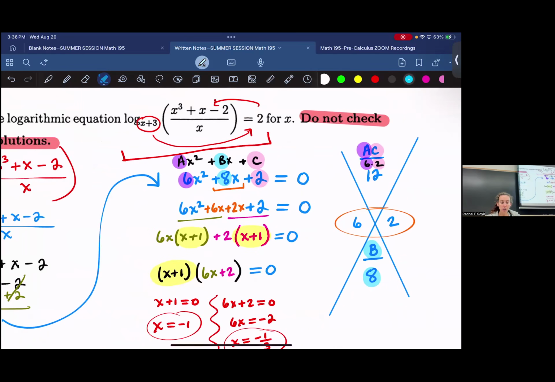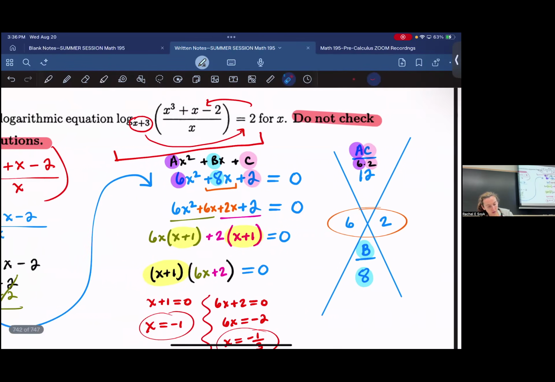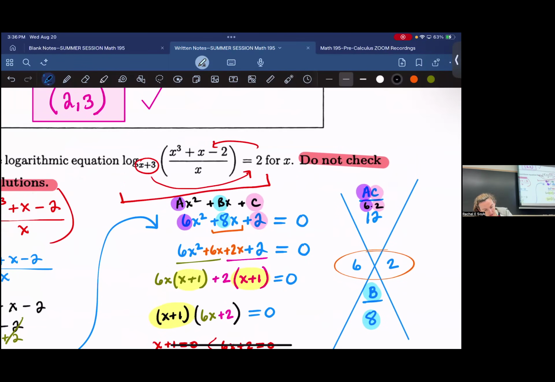And so what you essentially do is you always just want to ask yourself, what are factor pairs of that top number in our X? So factor pairs, what two numbers multiply together? 1 and 12, 2 and 6, 3 and 4. So I can write that off to the side.